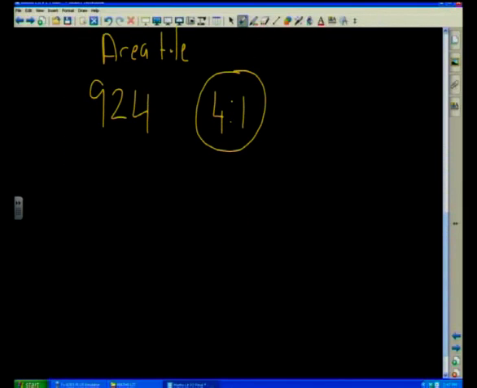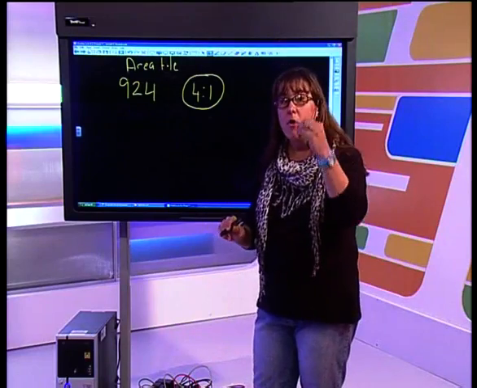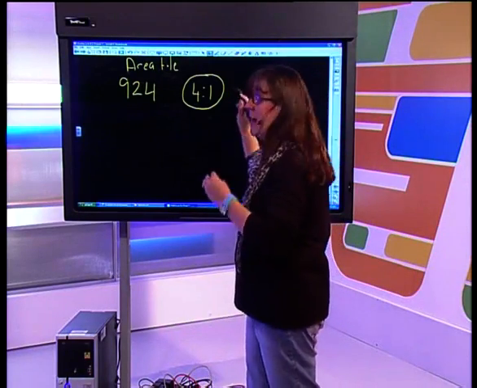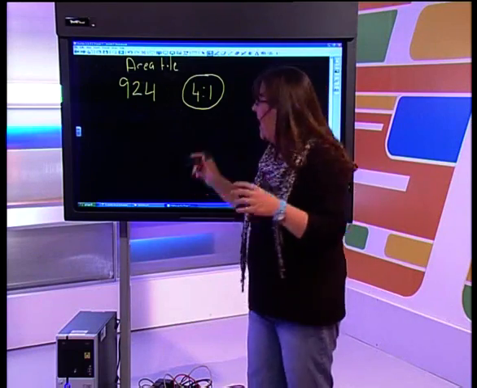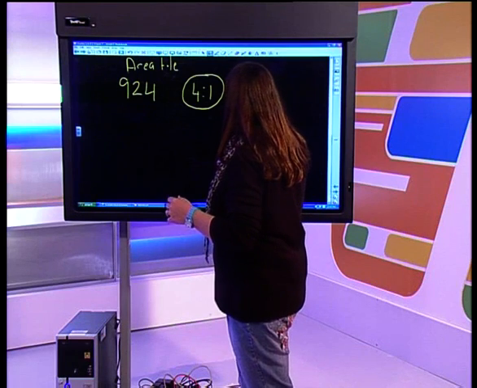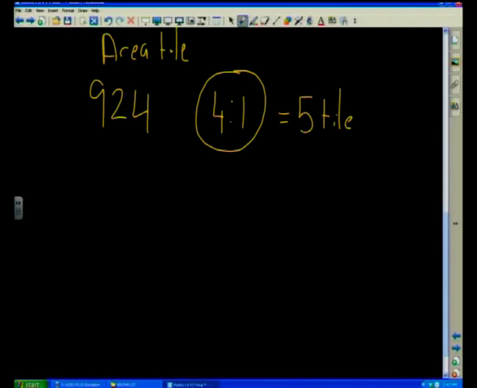What that 4 to 1 means is that for every 4 black tiles, I have 1 grey tile. So in total, in a pattern, I actually have 5 tiles, 1 grey and 4 black. So what I do is I add up the ratios.